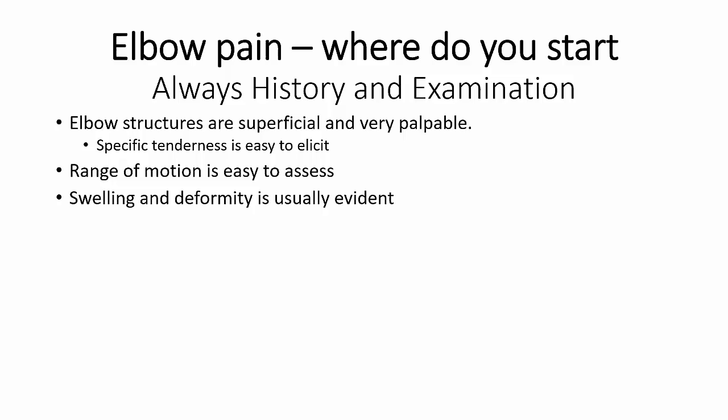We can find specific tenderness, be it lateral epicondylitis or otherwise, so it's very easy to examine. Range of motion is very easy to check and test, and it's critically important in terms of losing subtle range of motion and similar. Swelling and deformity are also quite a good trigger about what's actually going on.